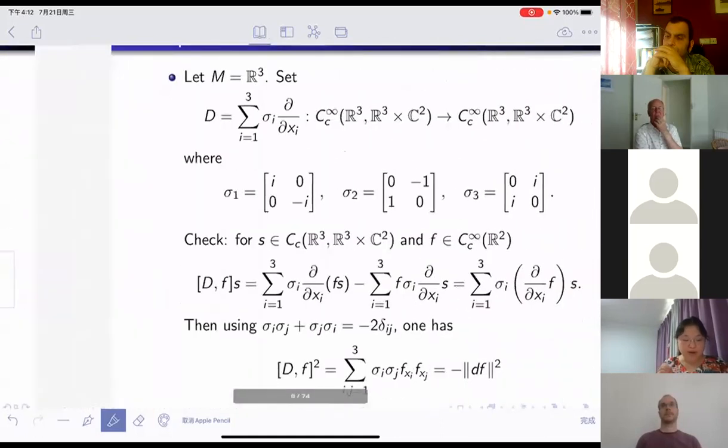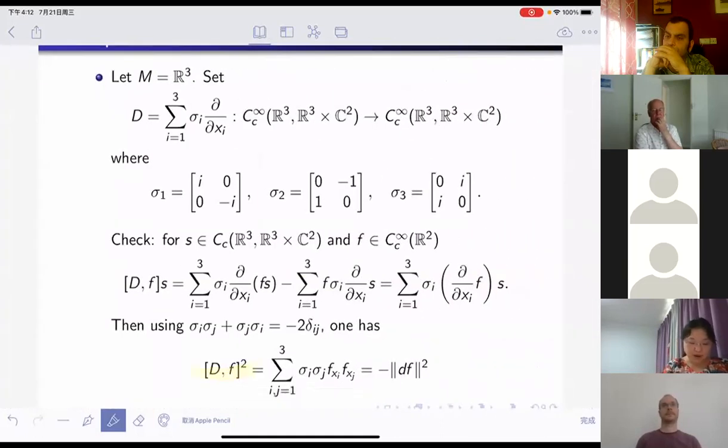And one can take the square of that operator and obtain this sum. And one can check that these three Pauli matrices satisfy this condition, sigma_i sigma_j plus sigma_j sigma_i is equal to minus 2 delta_ij.